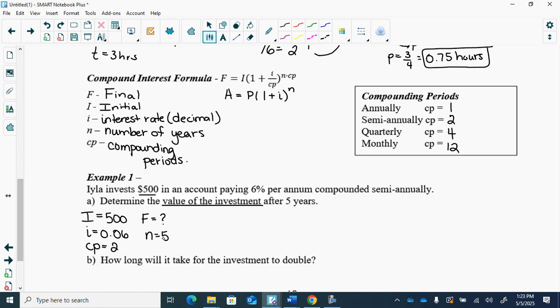It's in for 5 years and compounds twice a year. So how many times does it actually compound? 10. So that's why, if you look up here, your interest rate is divided by compounding periods, because it's per compounding period, not the whole year, correct? And your N is multiplied by compounding periods because we need to know how many times it compounds. So you can't forget the CPs even though they don't put them on the test. If they do give you the formula, sometimes they don't. So we're trying to find our final. Our initial is 500. And then we do 1 plus, what's our interest rate going to be? Not 6%, what's it going to be?